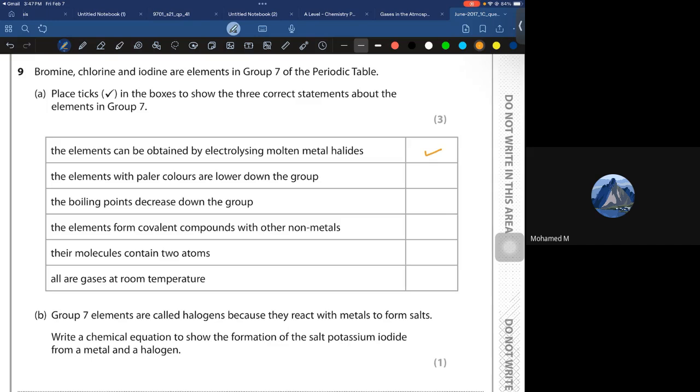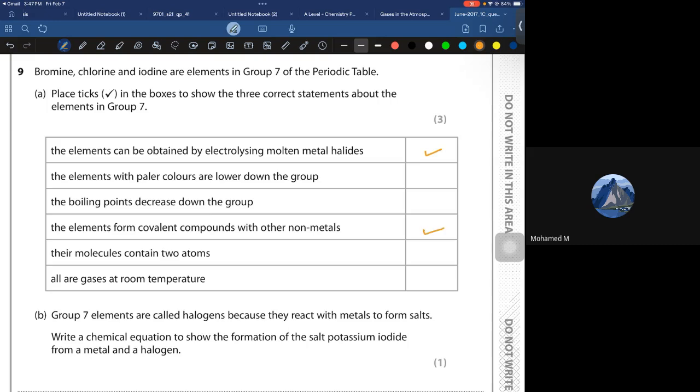So when these non-metals combine with other non-metals, will they form covalent or ionic compounds? For sure, they would form covalent compounds. For ionic, you need a metal. When two non-metals combine with each other, they form covalent compounds. So obviously, this is correct.